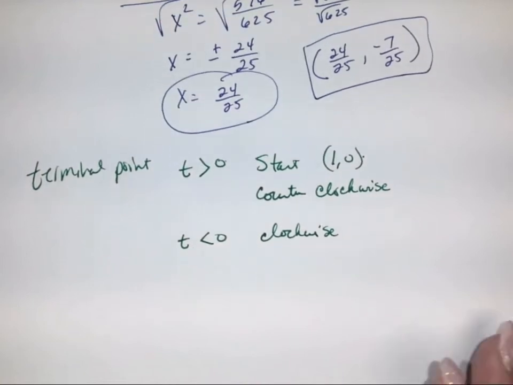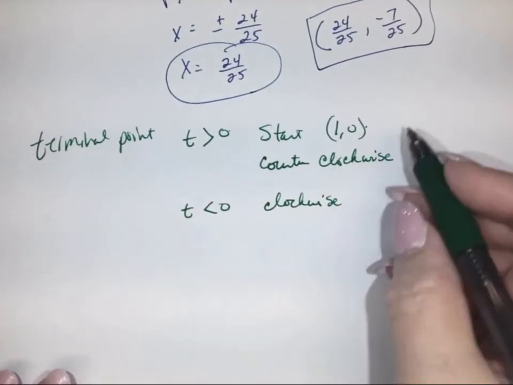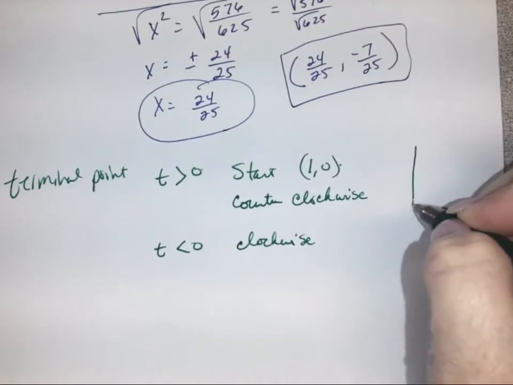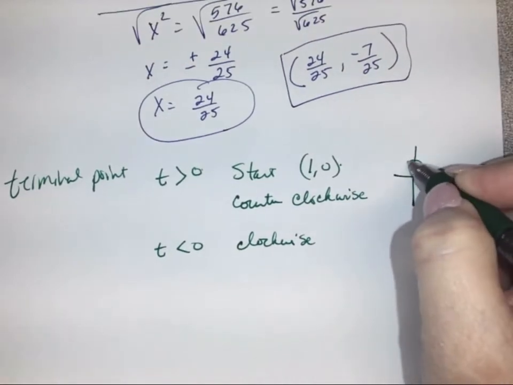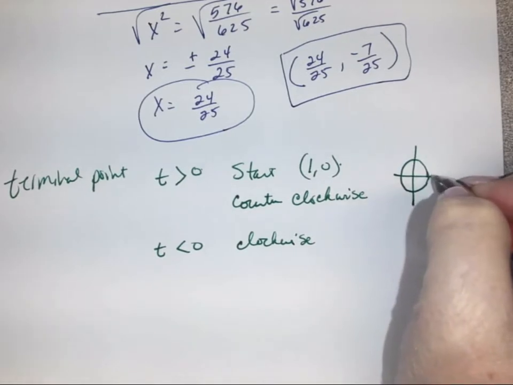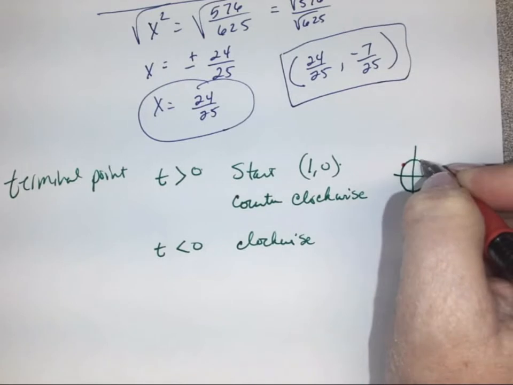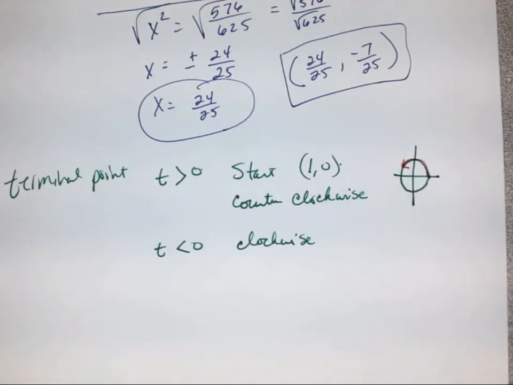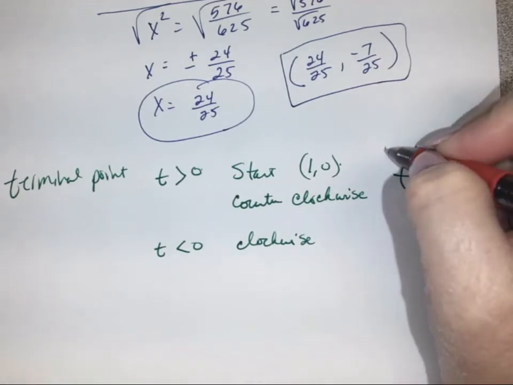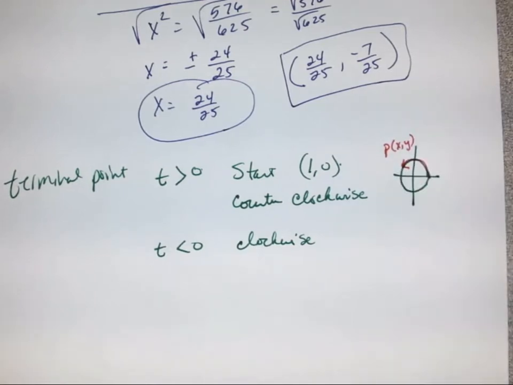All right, so if we're looking at a positive one, and we have a unit circle, that means that it's going to go counterclockwise. So if we have a point over here, this would be the way it goes. And this would be a point on the unit circle of x, y.